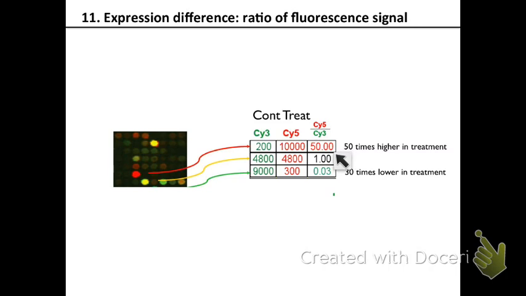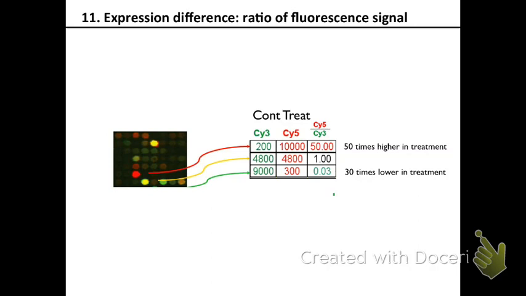But if your gene is lower in your treatment sample compared to your control sample, the ratio is going to approach 0, but it's always going to be between 1 and 0, right? So all the genes that are reduced are going to range between 1 and 0. All the genes that are increased are going to range from 1 to whatever, right? So that's a problem in terms of thinking about it.